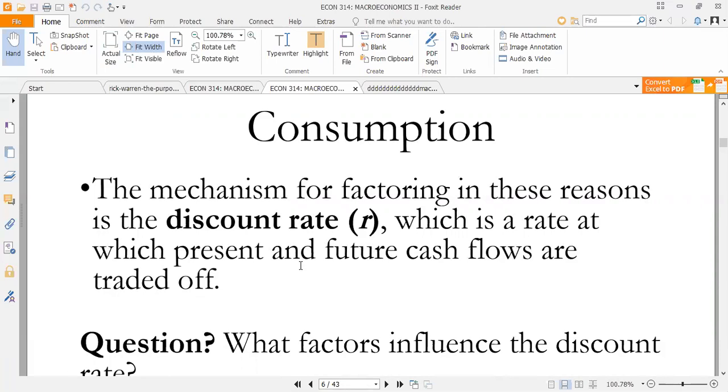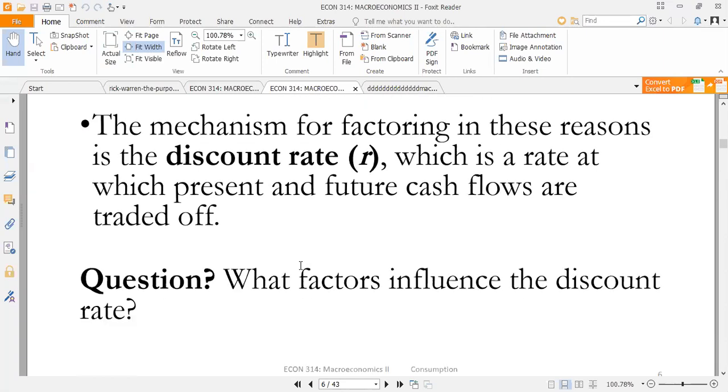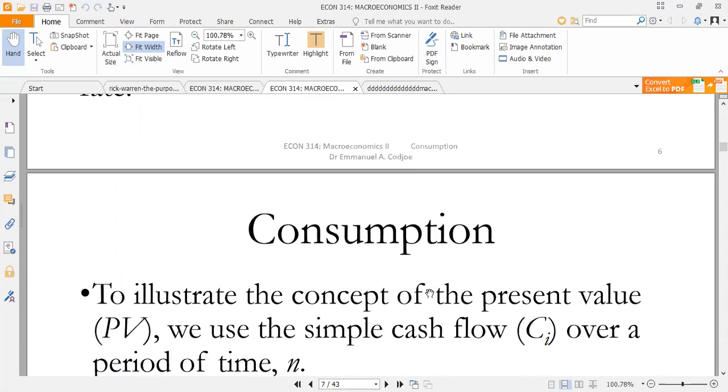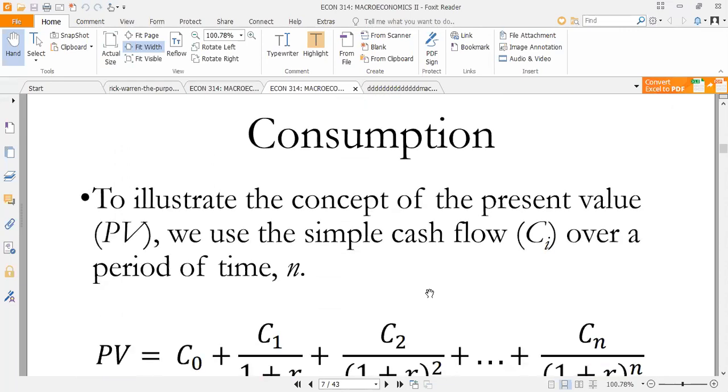And if you have a value in the future, because of the discount rate, when it comes to the present time, it reduces. For factors affecting the discount rate, you can Google it, but monetary policy can affect this, the credit system of the country, fiscal policies and all those things. So in your free time, you can look out for some of these things.